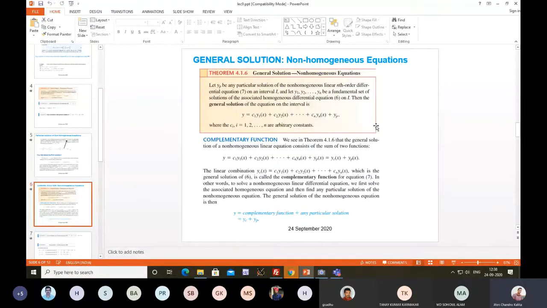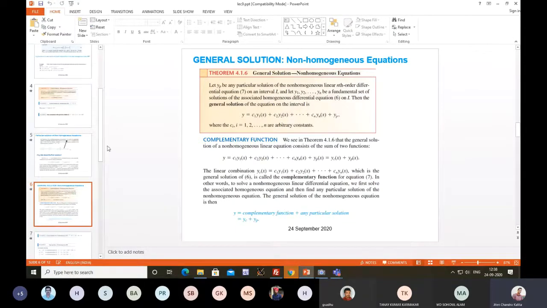The general solution of the homogeneous counterpart is called the complementary function, and any particular solution you designate as the particular integral.